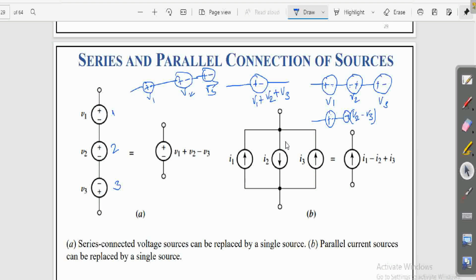Let us draw here. Positive negative, this is V1, and here it is V2 minus V3, negative and positive.